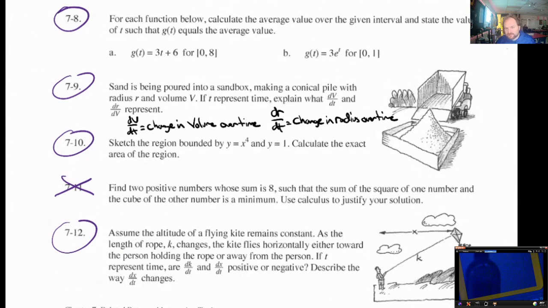And that's it. Honestly, that's all there is to it. dv dt, dr dt. Change in volume, change in radius over time. Prepping for more of our fun adventures with related rates.